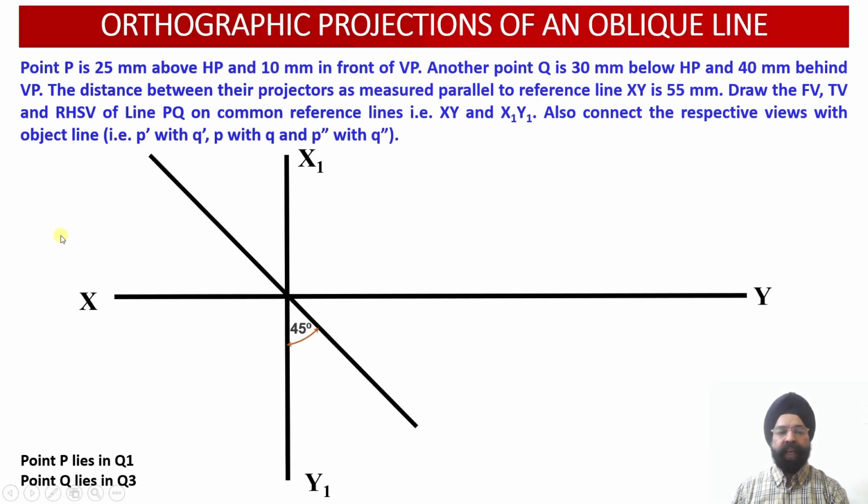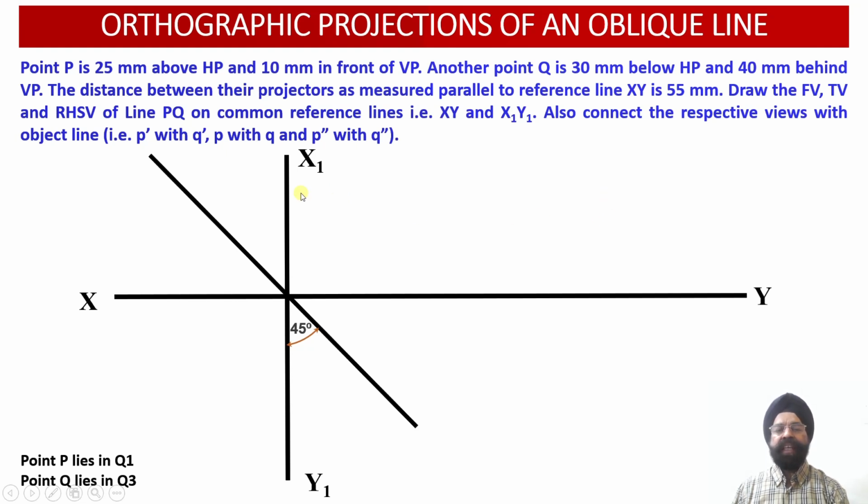Here we have got the XY reference line. Here we have also obtained the X1 Y1 reference line, and we are required to obtain the right hand side view projections of this line PQ. So the right hand side projections will be drawn on the left hand side of the front view.